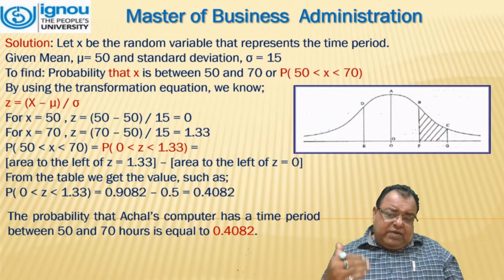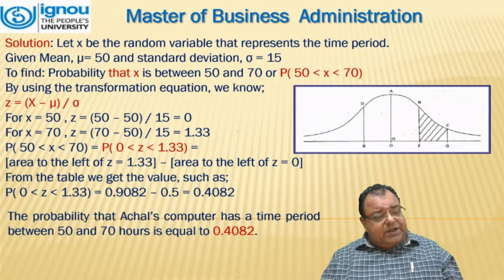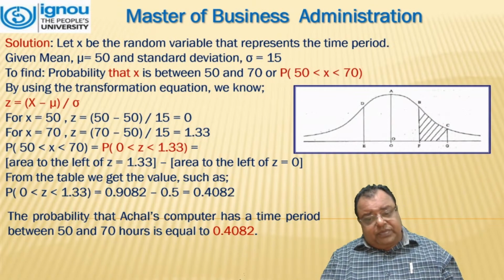Now, we will transform this 50 and 70 into z form. When x is equal to 50, z will be 50 minus 50 upon 15, that is 0. And when x is equal to 70, it will be 70 minus 50 divided by 15, which comes out to be 1.33.